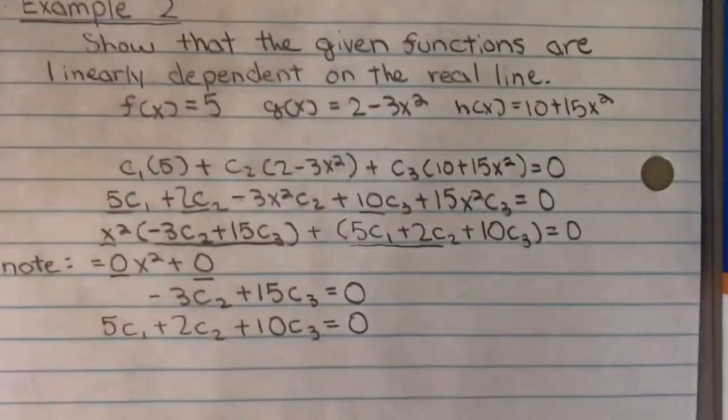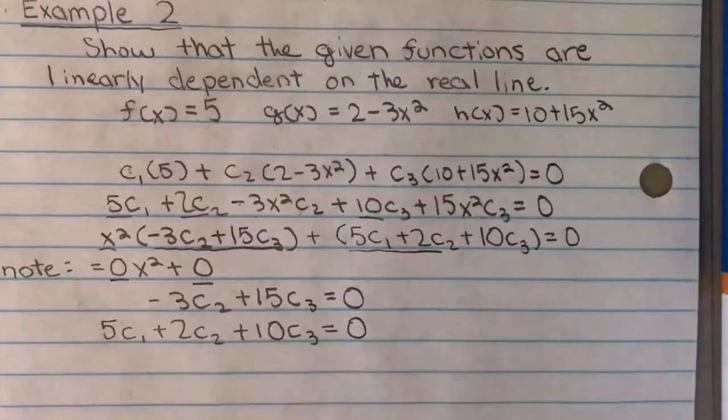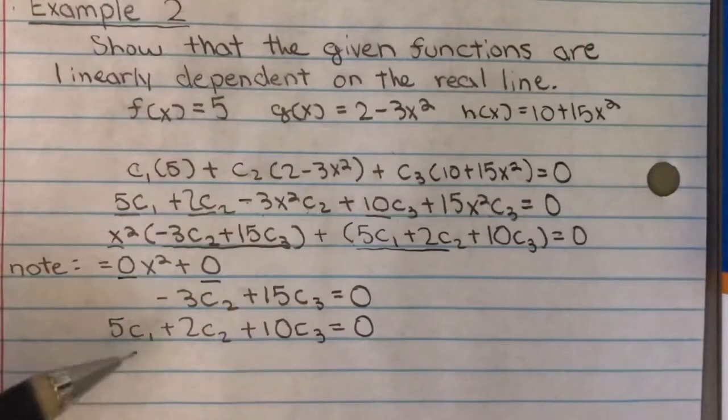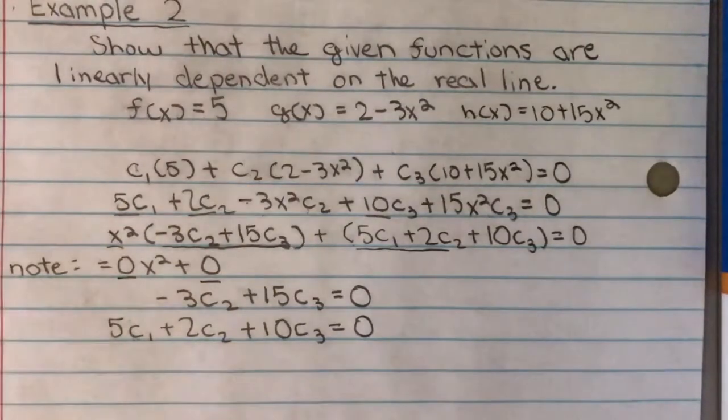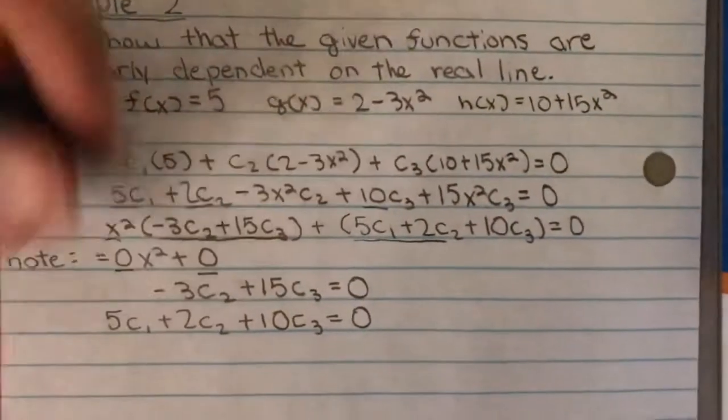Alright, so now we have two equations with three unknowns, which means there is not a unique solution. There are infinitely many. So we're going to be able to choose one of the variables and pick what number based on our preference. So let's first work with this first equation.